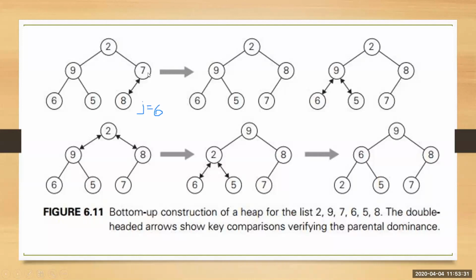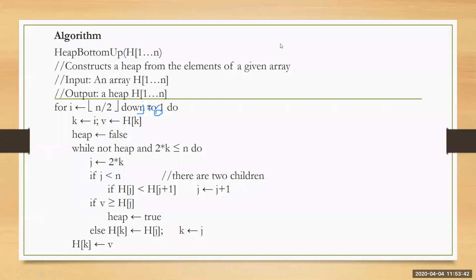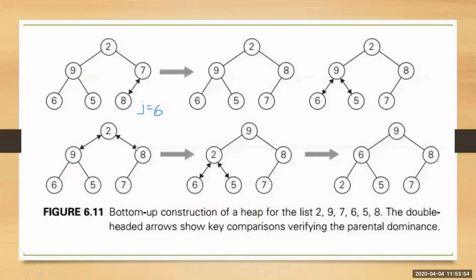Okay, now since it has only one child, there is no need to compare 8 with its right child, because there is only one child. So for that purpose, this if condition fails. The next if condition: if v is greater than h of j. Now compare the value v, that is 7, with h of j, that is its child. So value v contains 7 and h of j is 8.